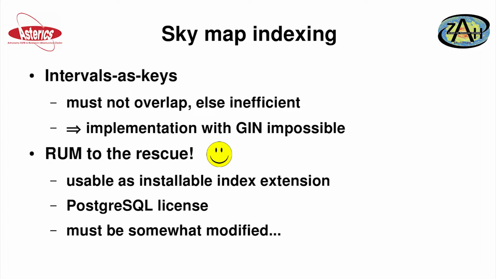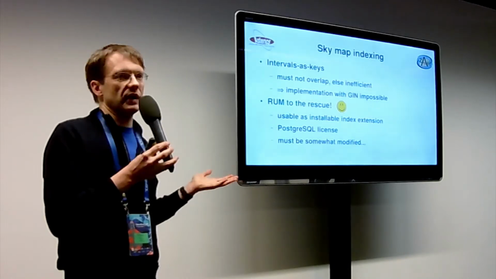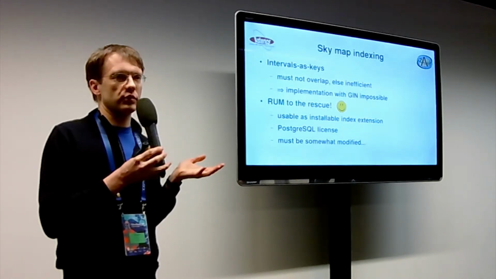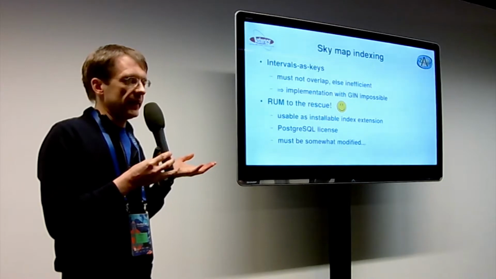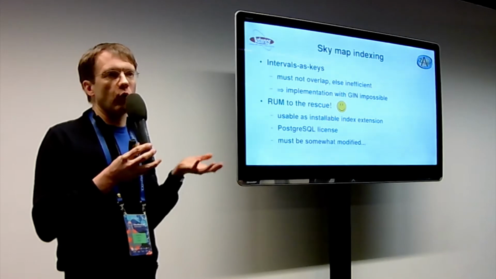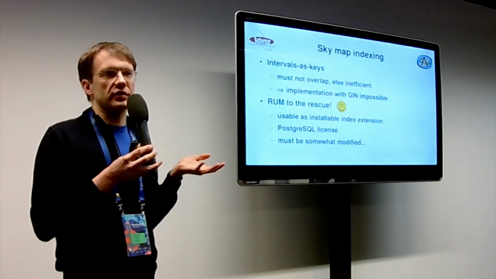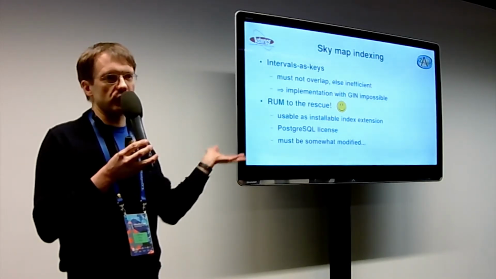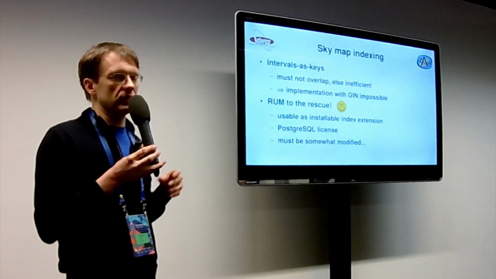There are many points that are important here. First, it is usable as an extension to Postgres, because most astronomical data centers can't afford to maintain a patch to the core of Postgres. However, an extension is quite feasible, and actually they use other extensions to do other stuff for astronomical queries in the database.